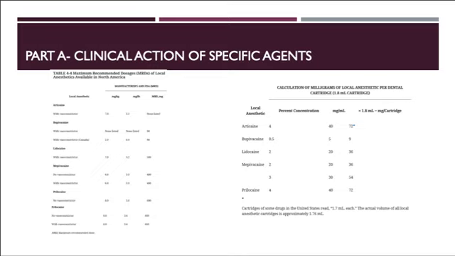You need two things to calculate how many carpules are represented by the patient's relative maximum dose. The first thing that you need is the patient's relative maximum dose. And the second thing you need is the number of milligrams of local anesthetic per carpule.